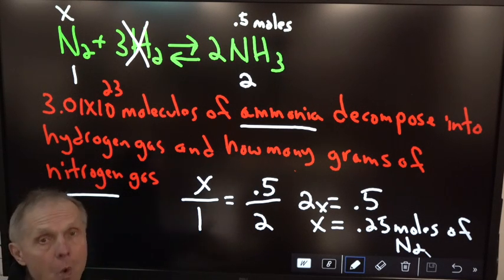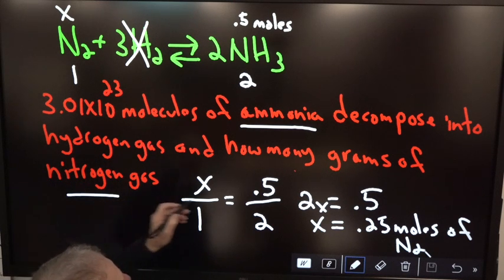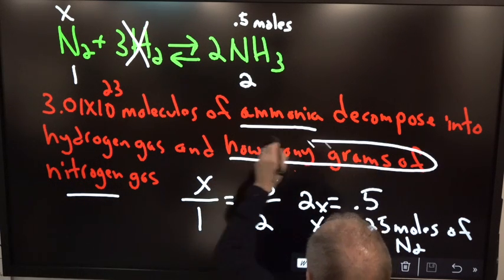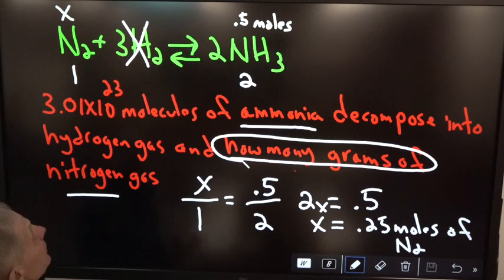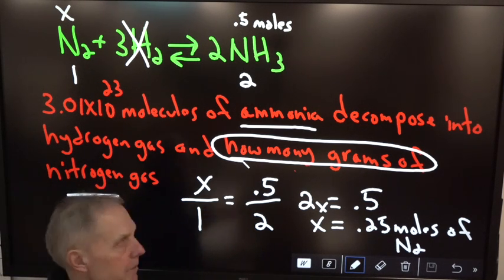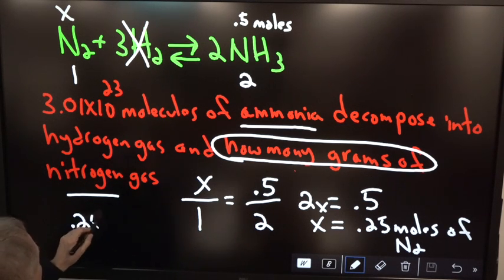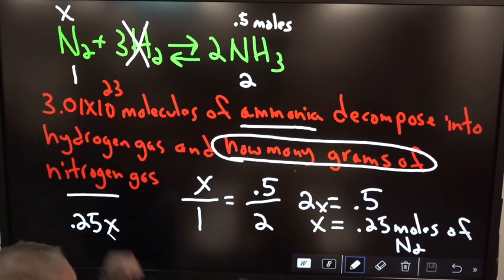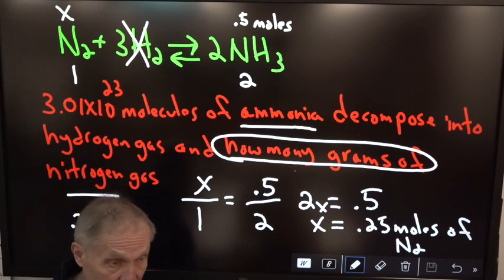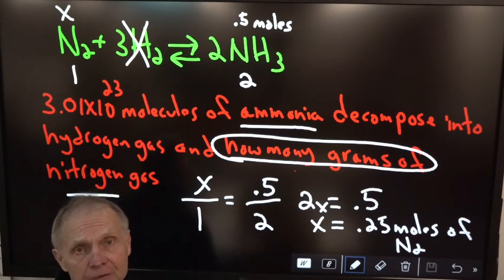Well, I don't want moles. The question wants to know how many grams of nitrogen gas. So I have to get out of moles. So in order to get out of moles, I simply go like this, 0.25 times whatever the molar mass of nitrogen gas is. This is where my students make a lot of mistakes because they say 14.